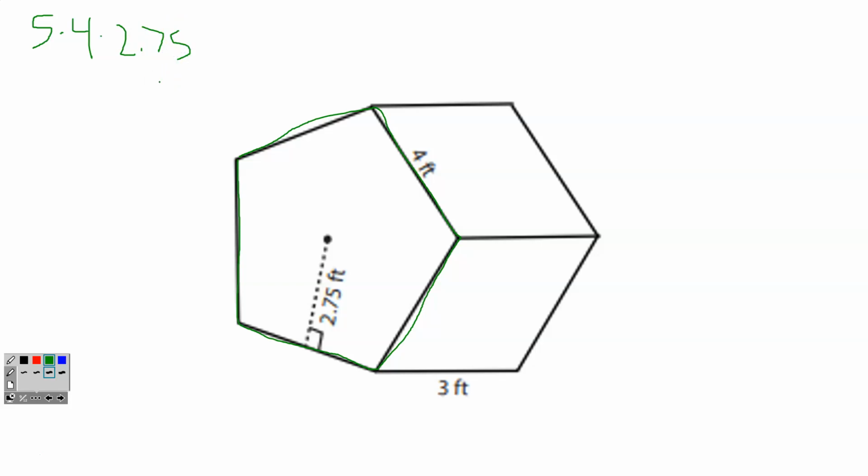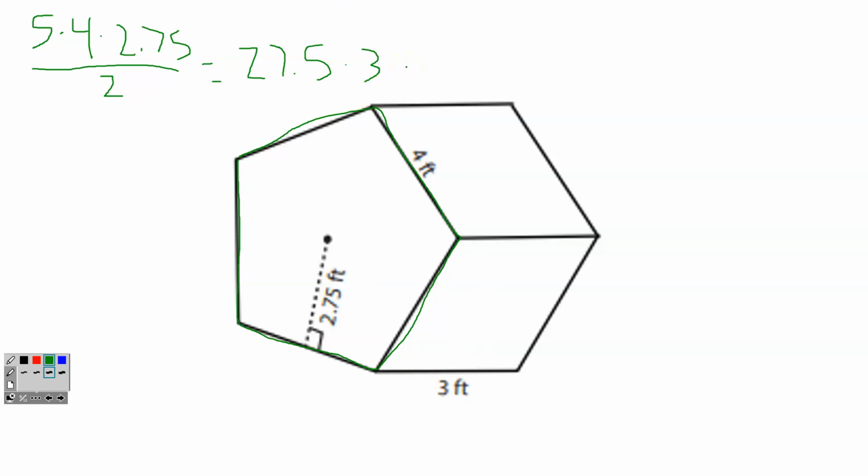Type that in your calculator. 5 times 4 times 2.75. Make sure you remember, though, to divide by 2. That's going to give you an answer of 27.5. So now I need to multiply that by the height, which is 3.